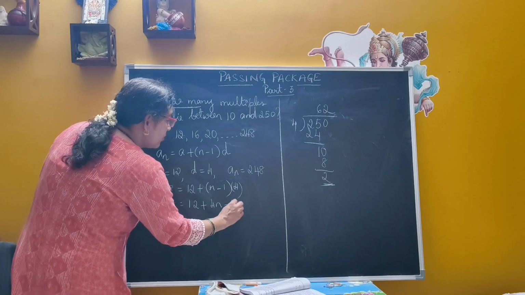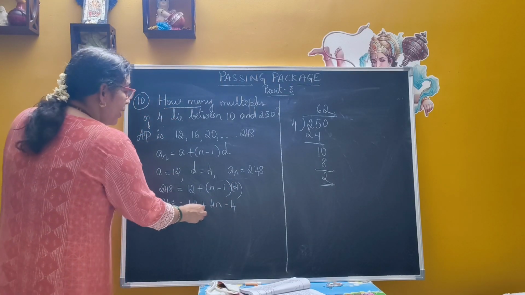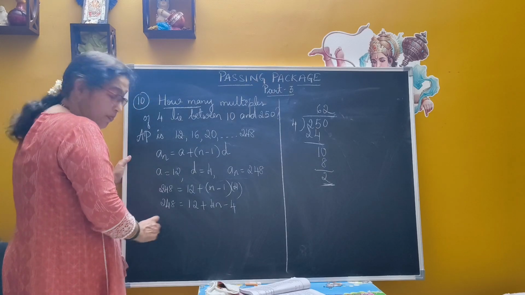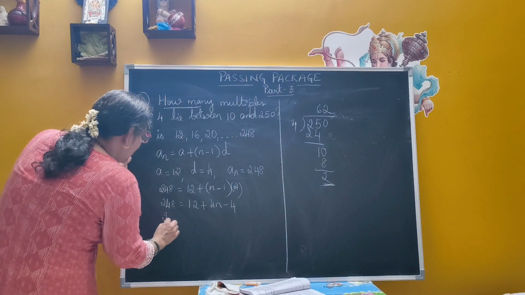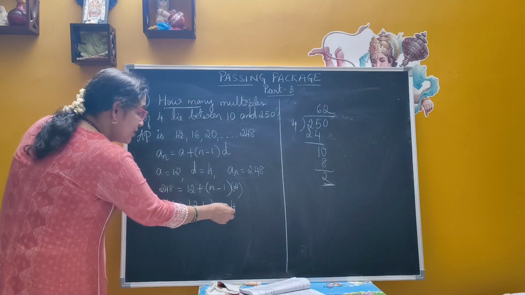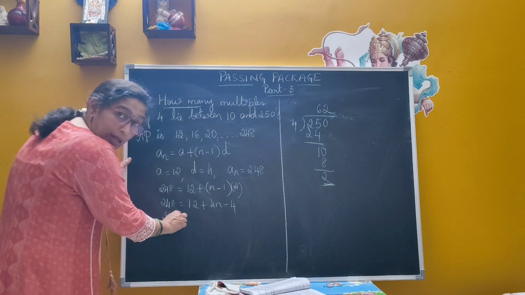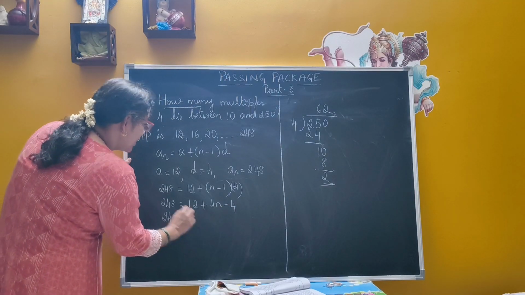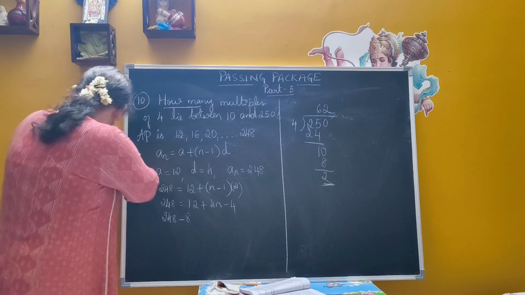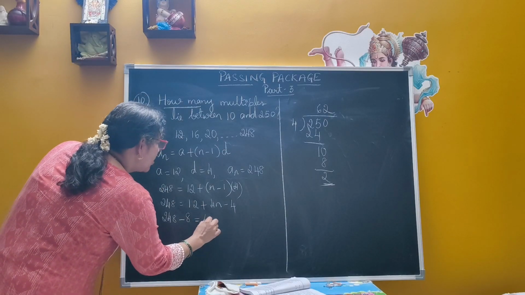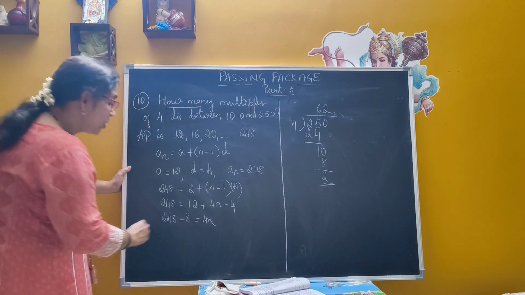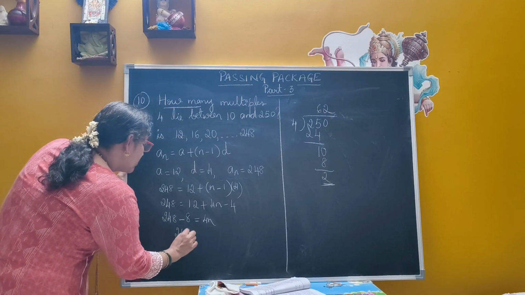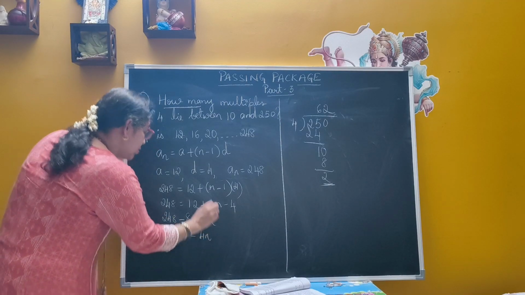So 12 minus 4 is 8. So 248 equals 8 plus 4n. When I shift 8 to the LHS, it becomes minus 8. 248 minus 8 is 240, so 4n is equal to 240.